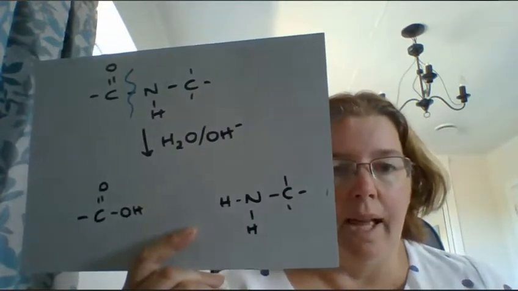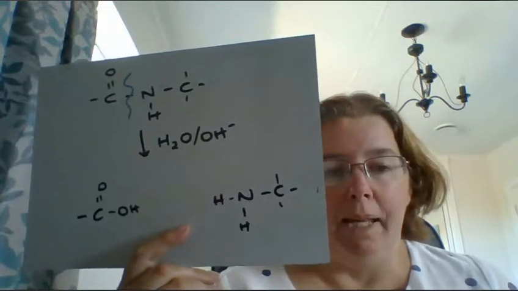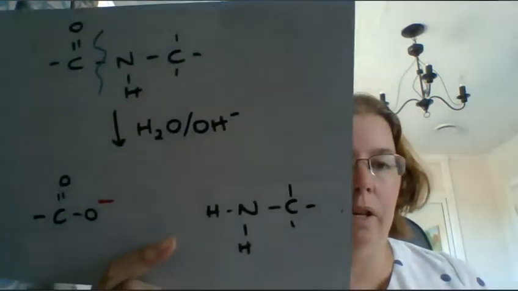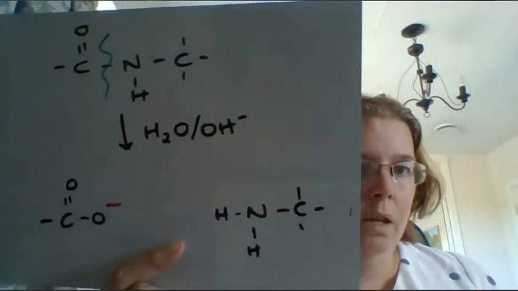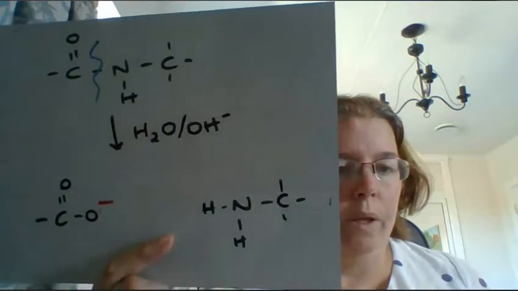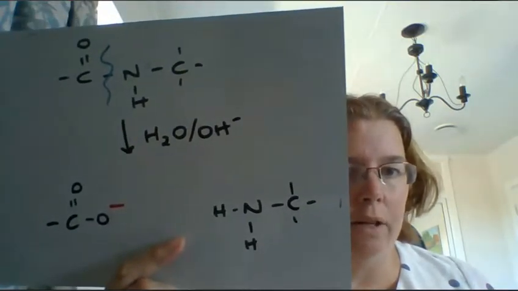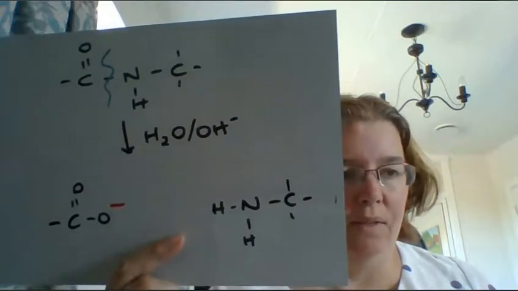It's going to react with our acid by making the acid donate a proton to form a carboxylate anion. So whether you've got acidic or basic conditions, you're always going to get an ion of one sort or the other when you have an amide.